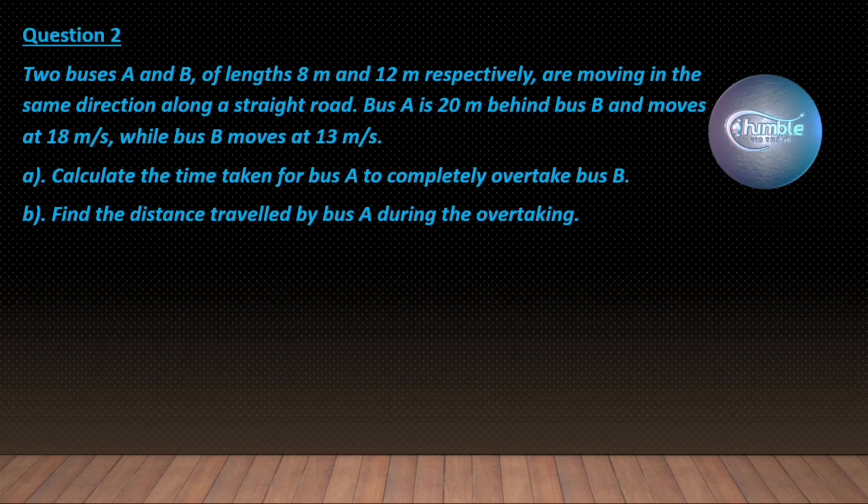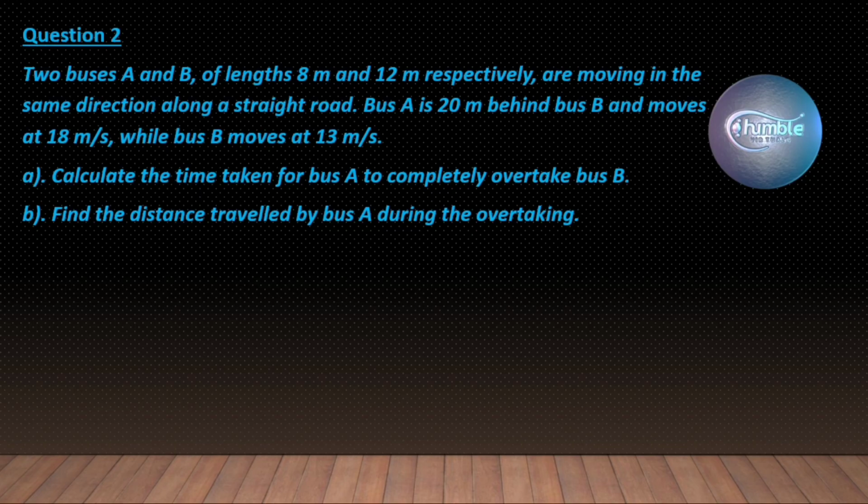Now in this case, we have bus A and bus B, and the length of the buses are given. A is 8 meters and B is 12 meters respectively. And then we are told bus A is 20 meters behind bus B. So therefore we are also given a distance between them. So therefore total distance to answer part A, calculate the time taken for bus A to completely overtake bus B. They are moving in the same direction.